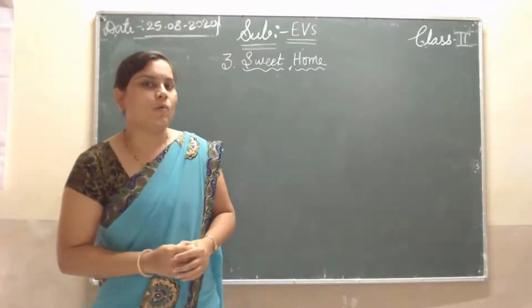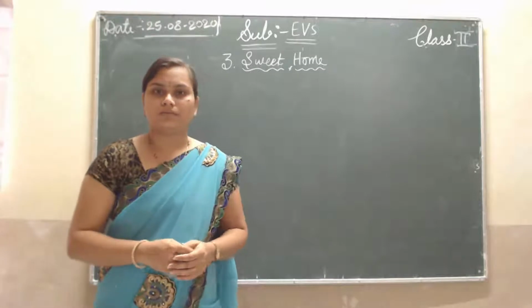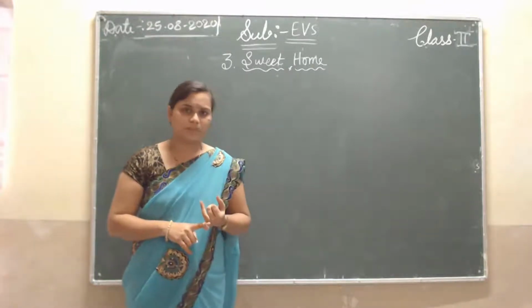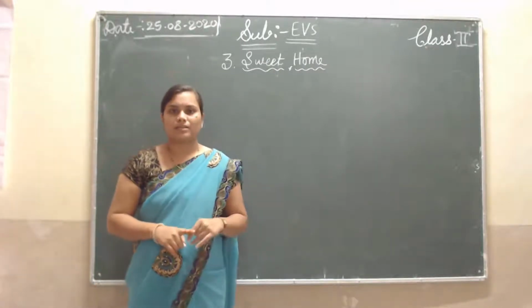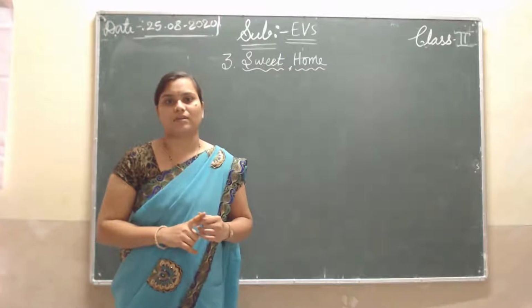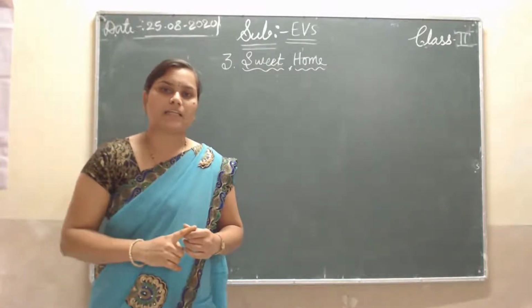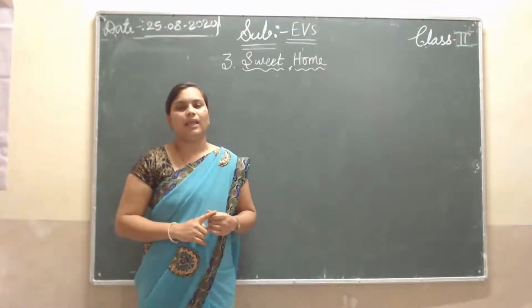Pakka house. What are the things we use to build a pakka house? We use bricks, stones, cement, sand, and marbles to build pakka houses. Pakka houses are strong houses. We call them permanent houses.